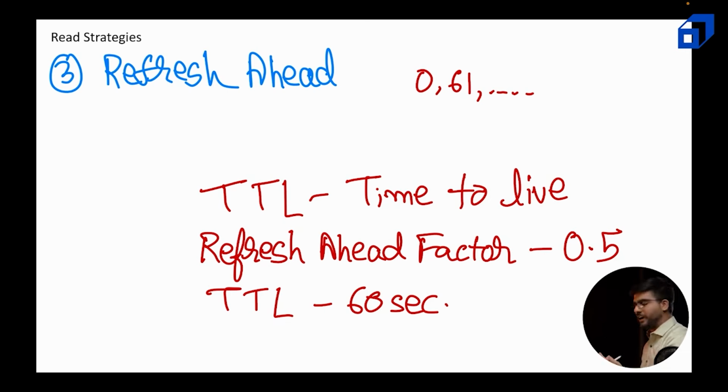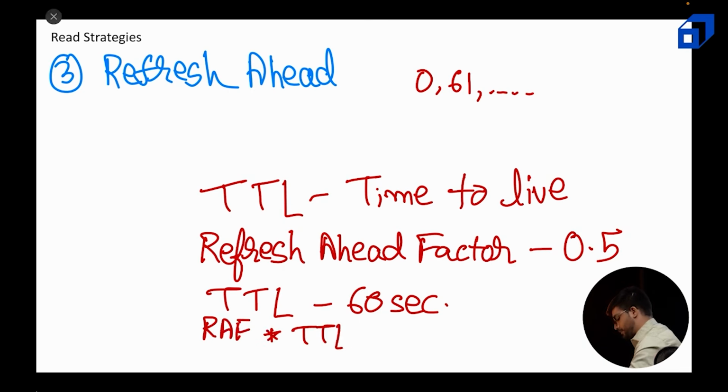So what the refresh ahead factor does is, let's make a note of one more term, RAF, which is the refresh ahead factor. Now RAF times TTL over here is 30 seconds. Let's say the data was first accessed on the 0th second. Let me just get rid of 61 over here so that you don't get confused.